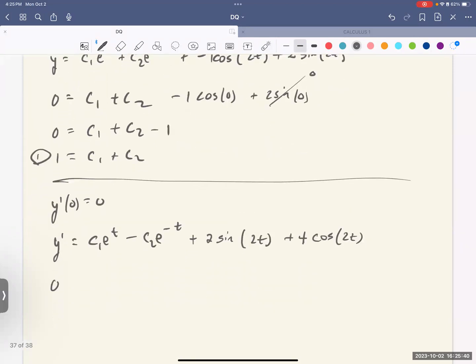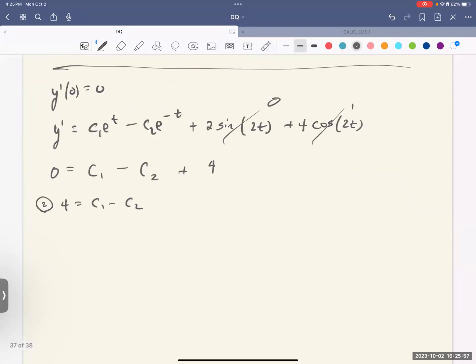If we plug in 0, 0 is c1 minus c2 plus this term goes to 0 again, and then this term goes to 1 times 4. So 4 and 4, let's call this equation 2: 4 is c1 minus c2.